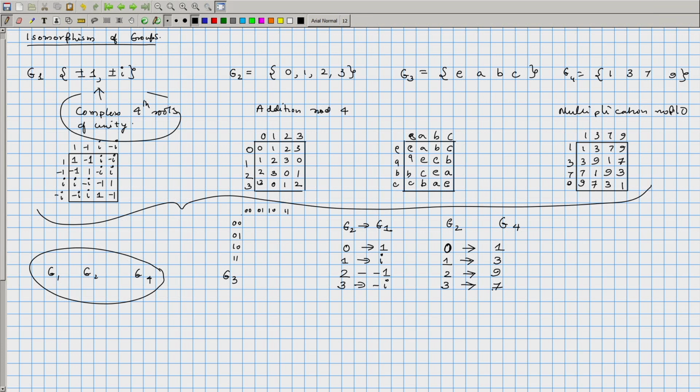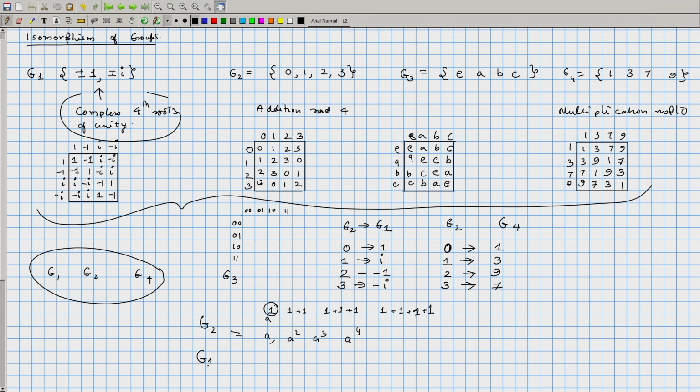Okay. An easier way of seeing this would be: G2 can be viewed as 1, 1 plus 1, 1 plus 1 plus 1, and 1 plus 1 plus 1 plus 1. So, this element, if we call it A, then G2 is equal to A, A square, A cube, A raised to 4. Okay.